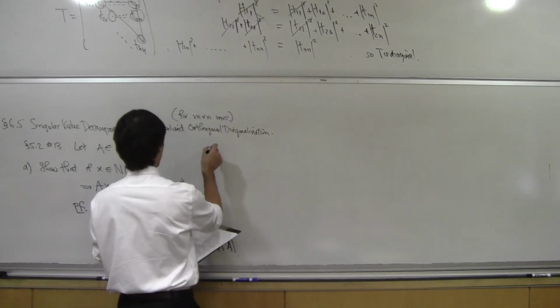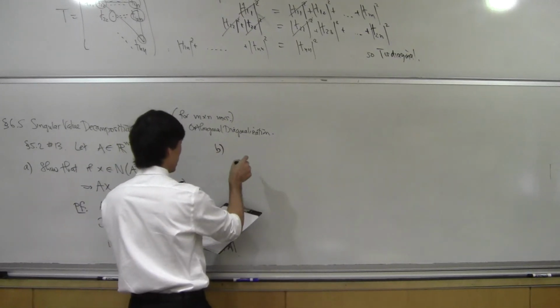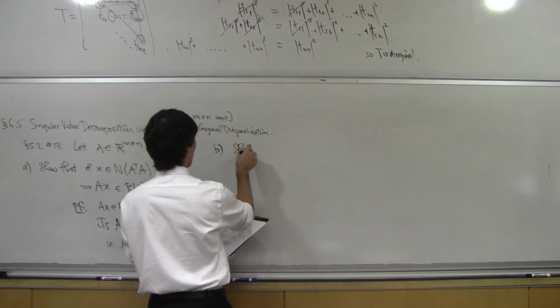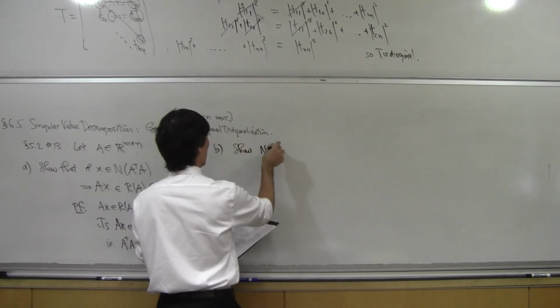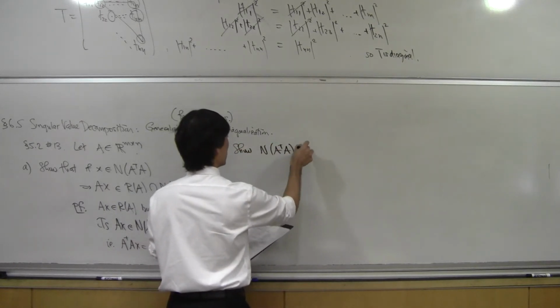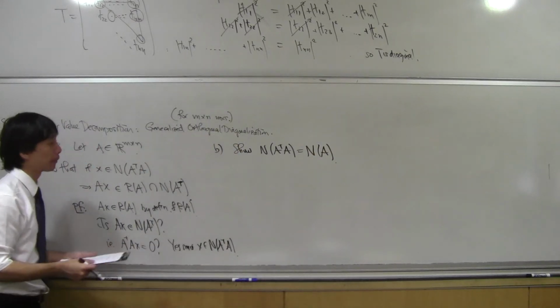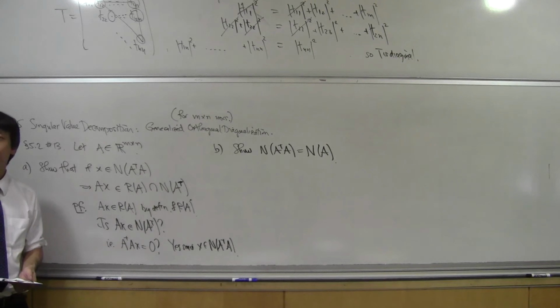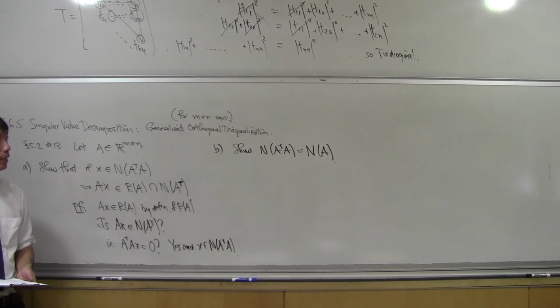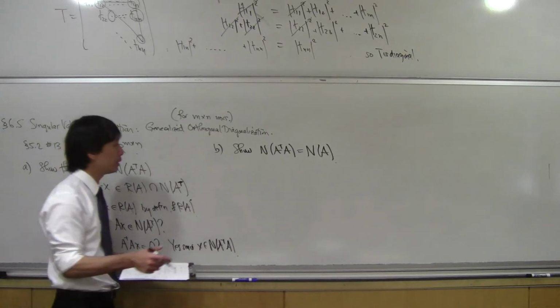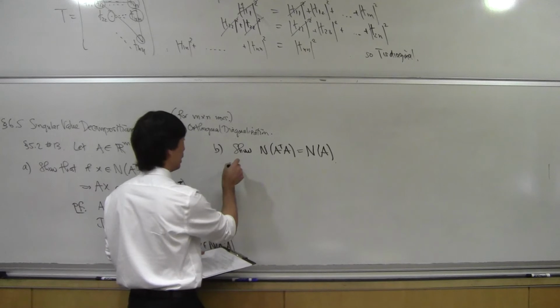Okay, part 2 of this problem is show that the null space of ATA actually is the same thing as the null space of A. Okay, so we'll do this in 2 directions.